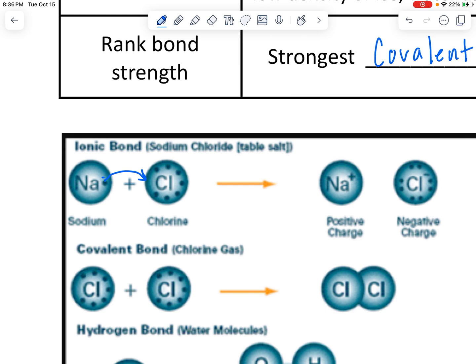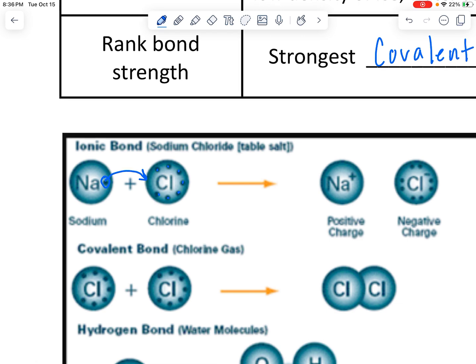Non-metals, notice chlorine has 1, 2, 3, 4, 5, 6, 7. It wants 8, so it either could gain 1 or kick out 7, because remember there's a shell underneath it that is full. So obviously it's easier for it to gain 1, so these two become partners, and sodium will donate that electron over to chlorine, and over here you can see now they're happy, stable, but now sodium has lost an electron.